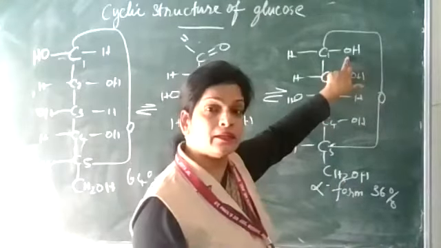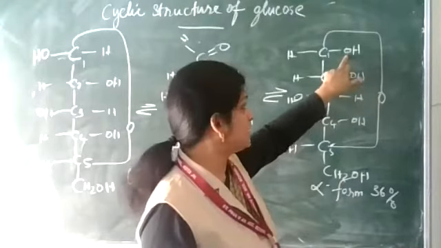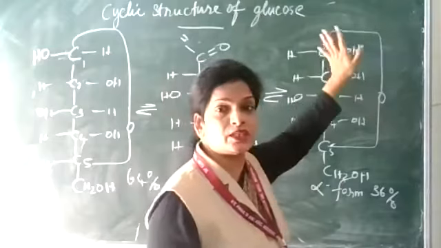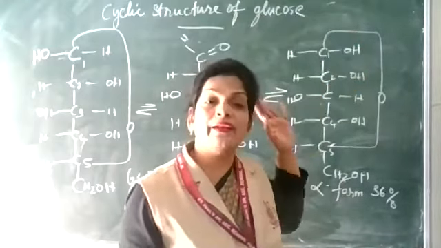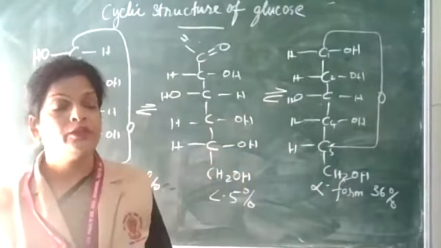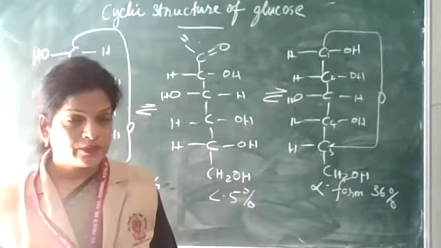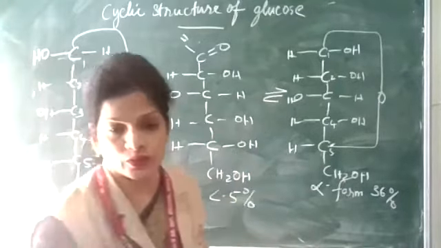So there is no aldehyde group. Since the ester groups are there, there is no chance of formation of an aldehyde group. So pentaacetate of glucose does not react with hydroxylamine to give the oxime. These are the evidences for the cyclic structure of glucose.